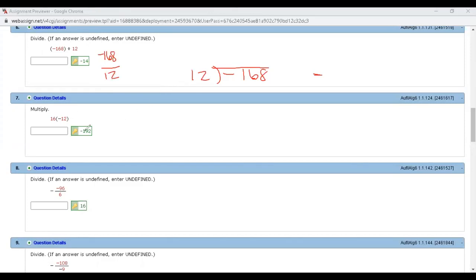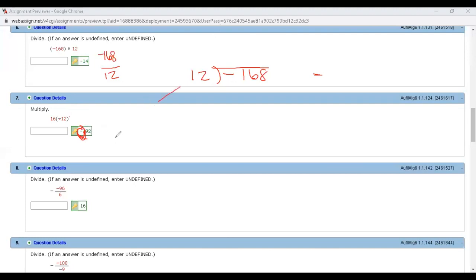If we look at number 7, we got a positive number being multiplied by a negative number, so our end result is going to be negative. You will put in your calculator 16 times 12, and you remember that your answer is going to be negative, or you can just put in 16 times negative 12 to get the answer.